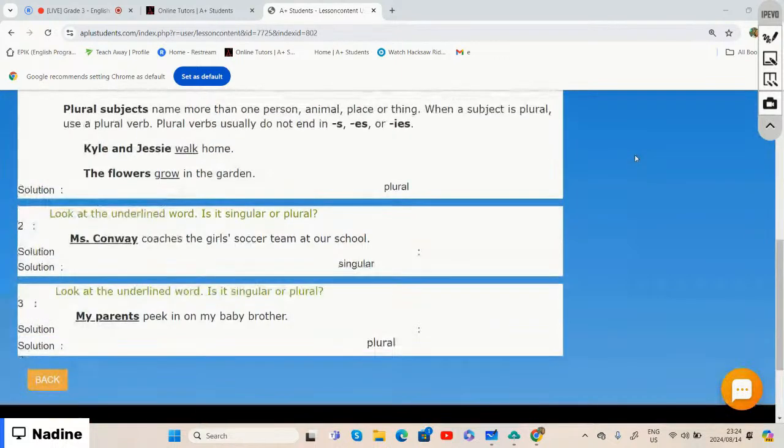Miss Conway coaches the girls' soccer team at our school. Miss Conway, is that a singular subject or is it a plural subject? So Miss Conway, is it singular or is it plural?